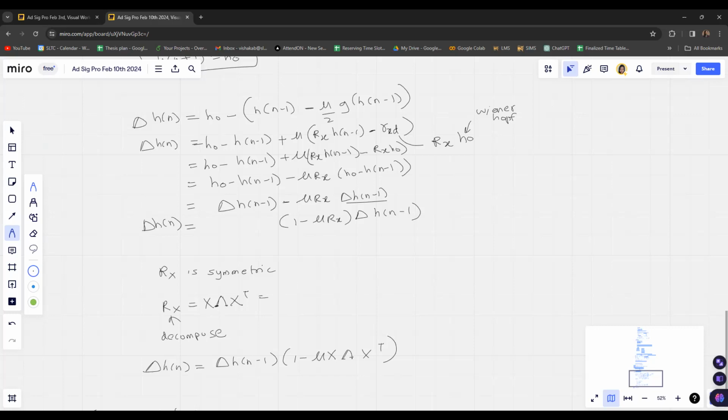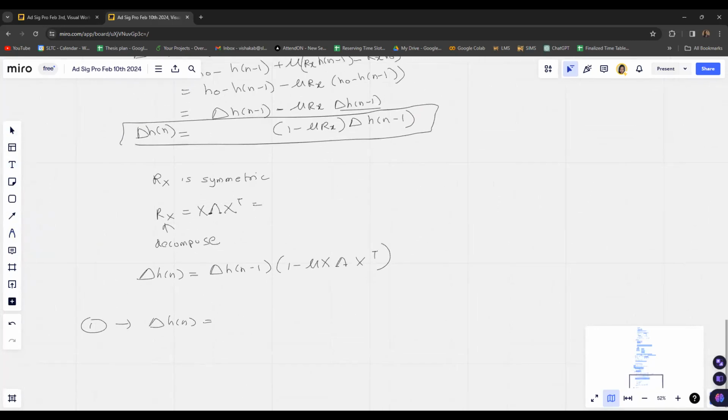Using this equation, we can derive some iterative equations. So I will write those iterative equations here: mu Rx into delta Hn minus 1.